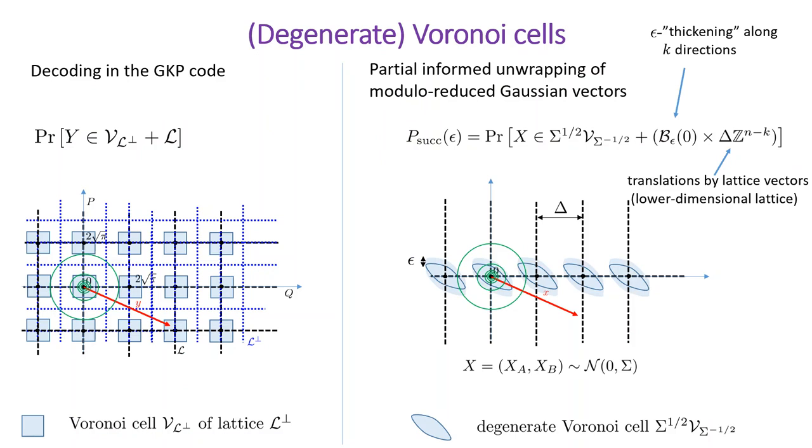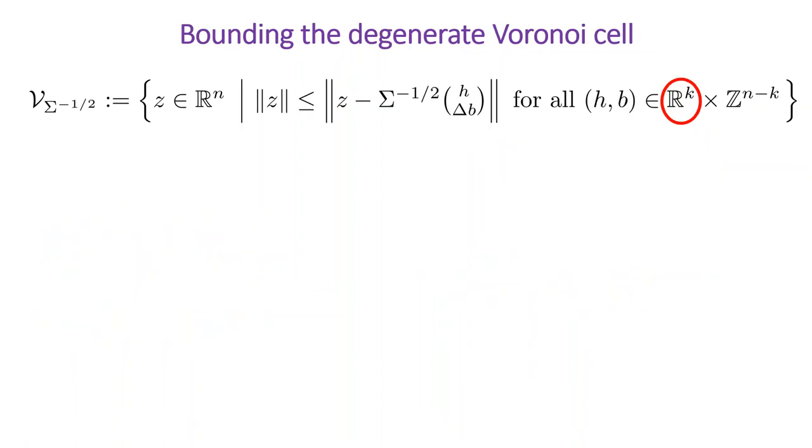The central object we have to understand here is this degenerate Voronoi cell. Its definition looks like that of the Voronoi cell of a regular lattice, except that the lattice spacing is 0 in k directions.